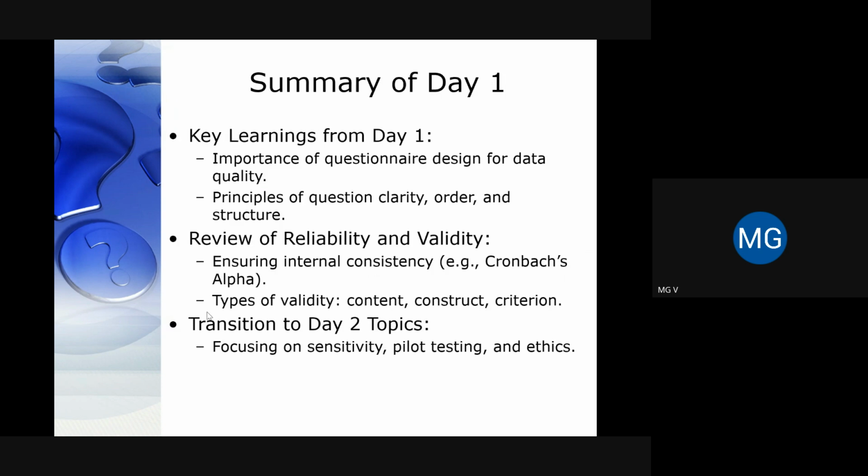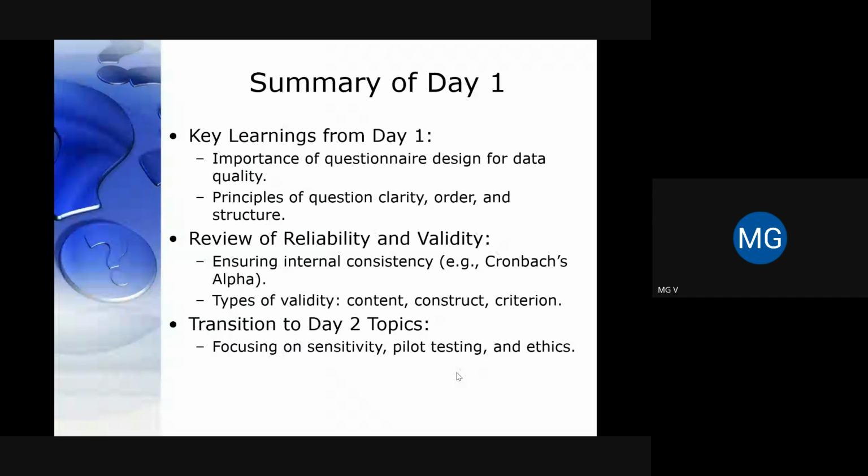So day one covered the fundamentals of questionnaire design with an emphasis on structure, reliability, and validity. We explored the principles of clarity, the sequence of questions, and item construction. Key takeaways included using techniques like Cronbach's alpha to measure internal consistency, ensuring that questionnaires are both reliable and valid, and understanding how each question type serves a unique purpose in consumer behavior related studies.